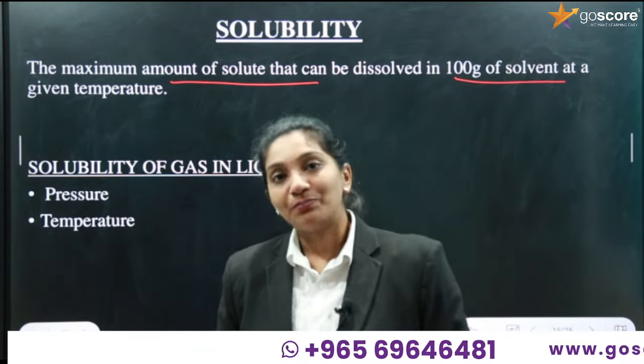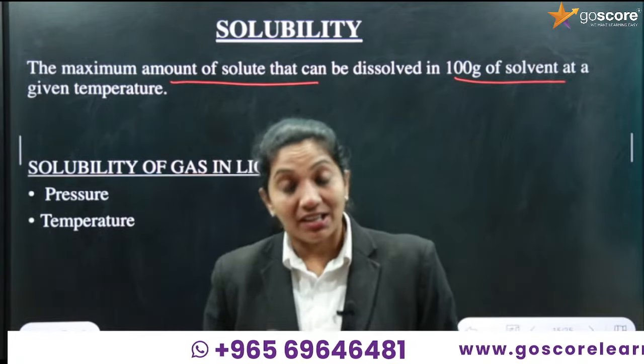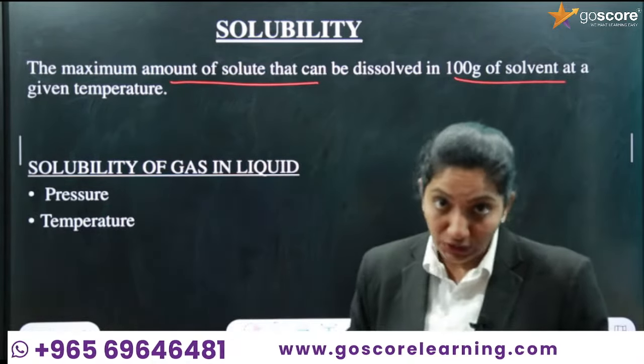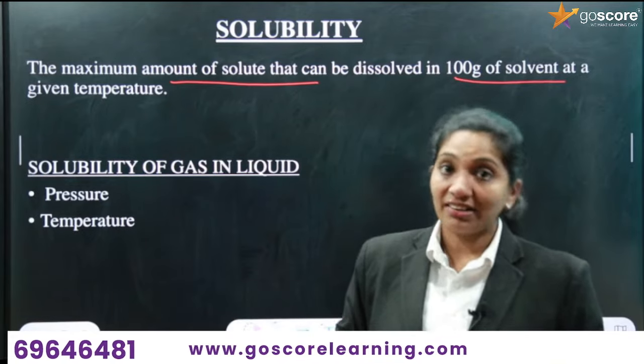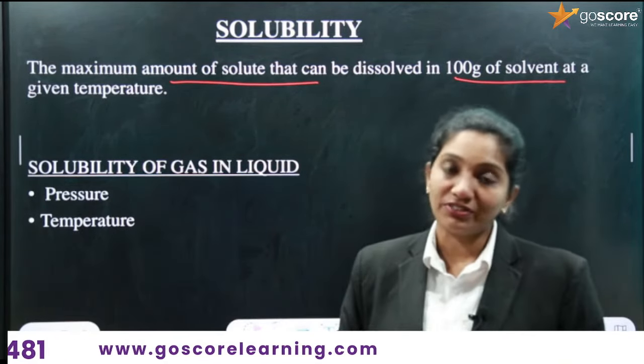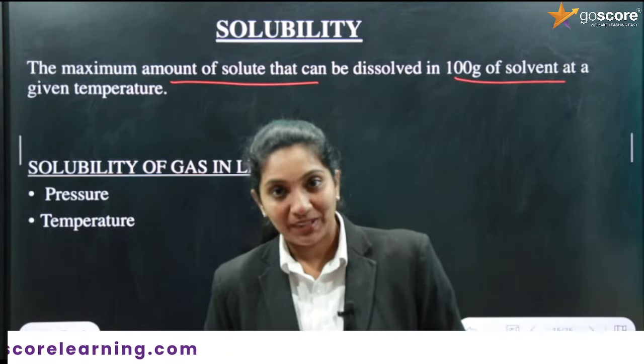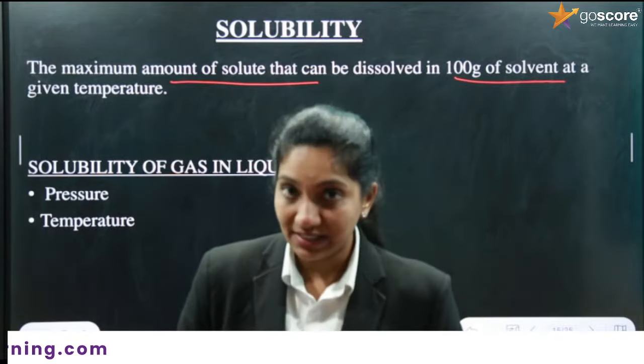So solubility is nothing but the maximum number of solute particles that we can dissolve in 100 gram of the solvent at a given temperature. I hope solubility is clear for you.